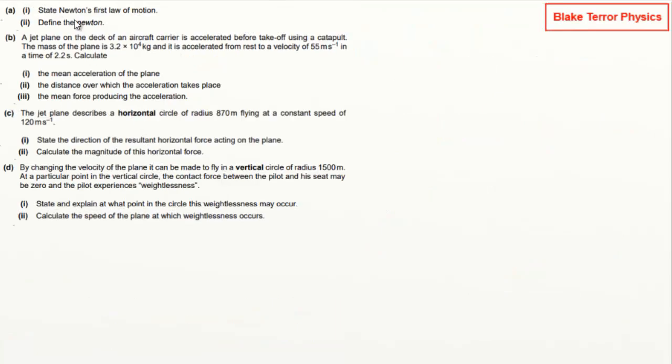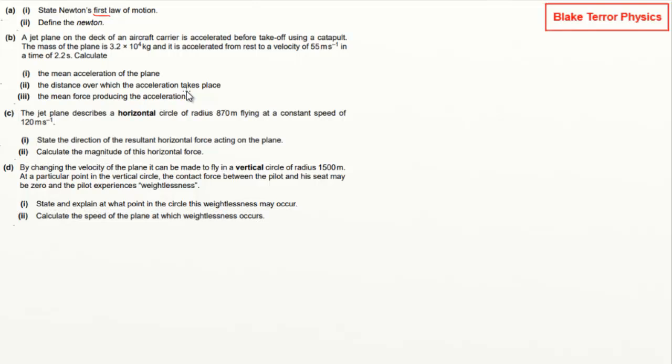We're starting with a couple of definitions. State Newton's first law of motion, which doesn't come up as much as the others. That is that an object remains at rest or moving at a constant velocity unless acted on by a net external force. Remember, that's not just saying how an object behaves.